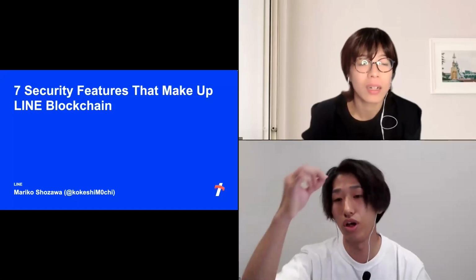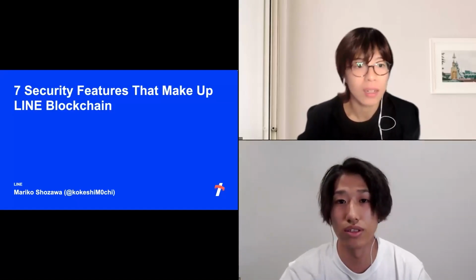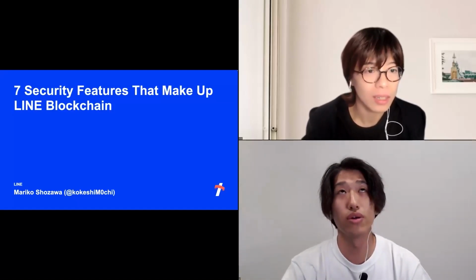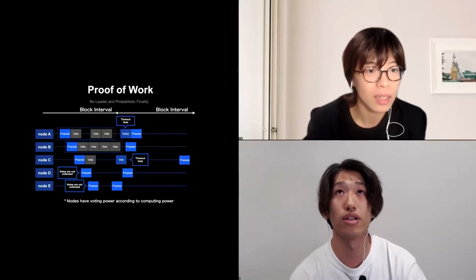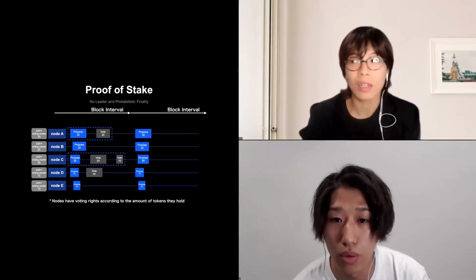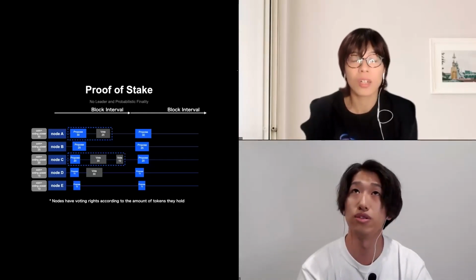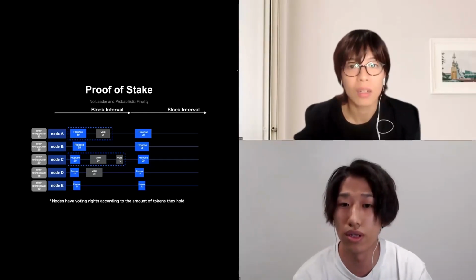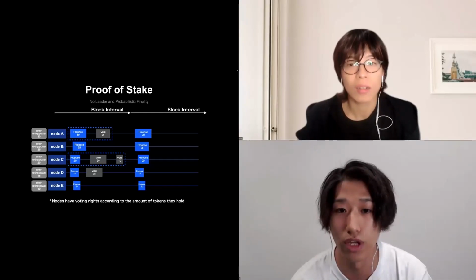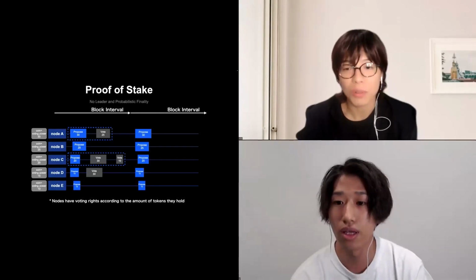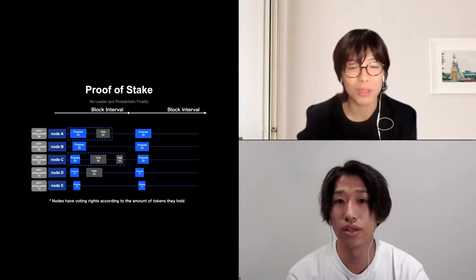So what Ms. Shozawa was saying in the beginning, proof of stake, probabilistic finality, you're proposing is questionable. Ethereum 2.0 these days has the ultimate finality, doesn't it? Absolute finality. Yes.